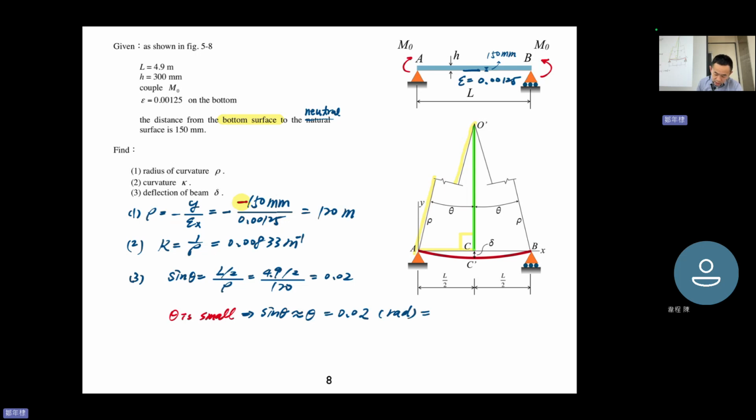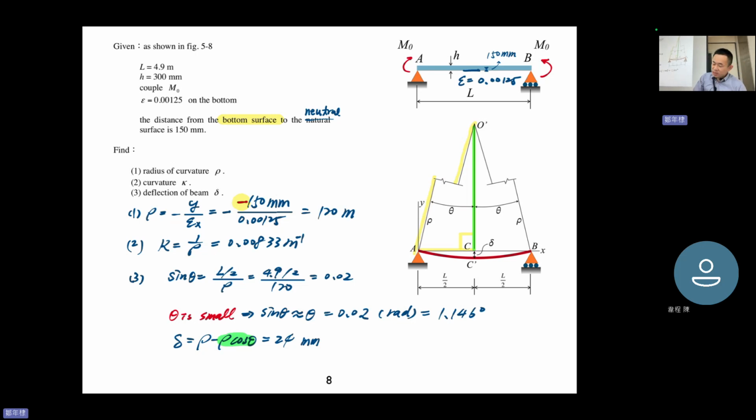Okay, or you can say 1.146 degree. So your delta will be equal to rho minus rho cosine theta. What is rho cosine theta? The green highlight length. Okay, so you will have 24 millimeter. So you will see kind of 24 millimeter downward for the deflection.